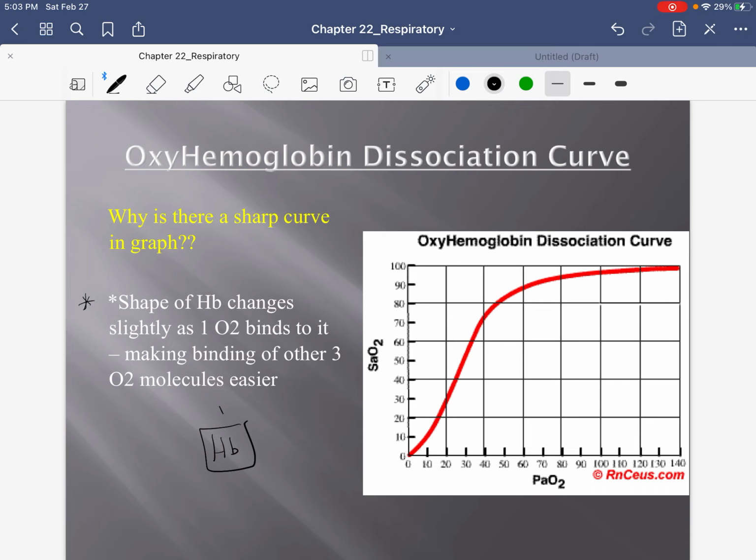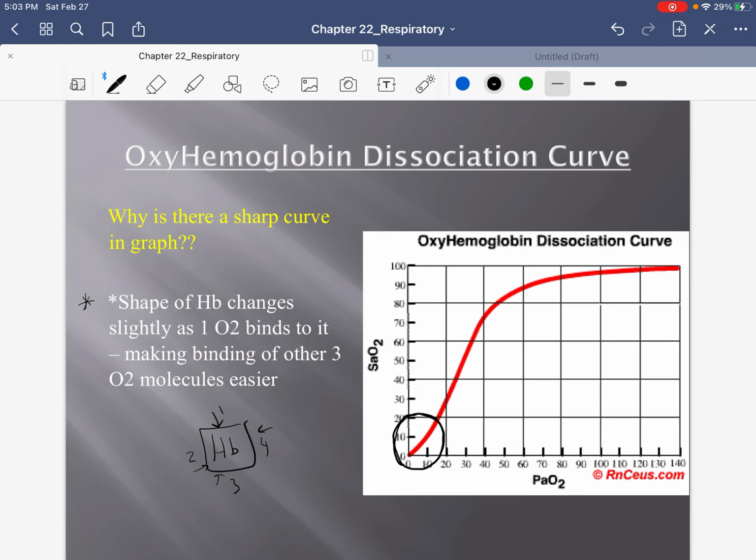Well, once the first oxygen binds, the remaining oxygens can bind much more quickly. So at first, it's a little bit of a slow reaction. It takes some time to get the first spots on each hemoglobin bound with oxygen.